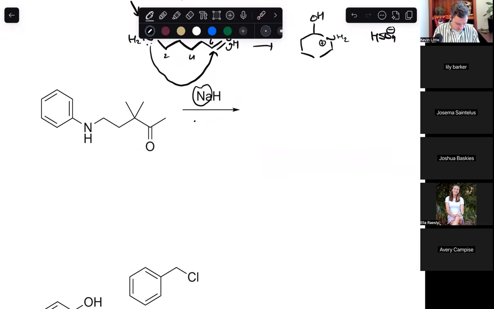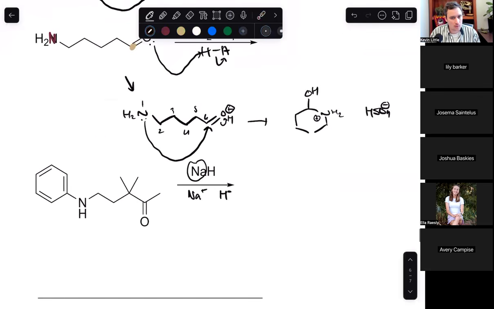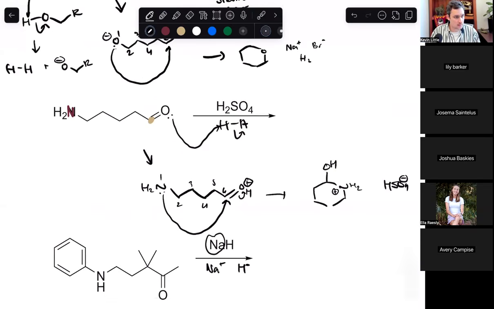So I've got a metal. I'm going to go ahead and draw out the ionic bond first thing I do. Someone said, why does the oxygen receive the hydrogen when the electrophile is the carbon? This carbon doesn't have lone pairs to take a hydrogen with.